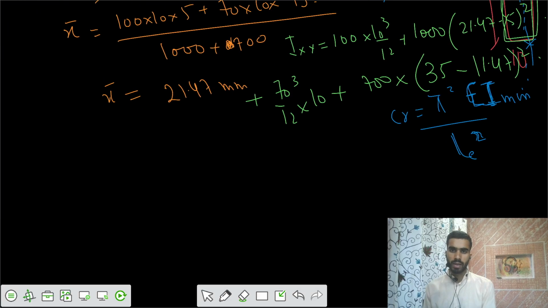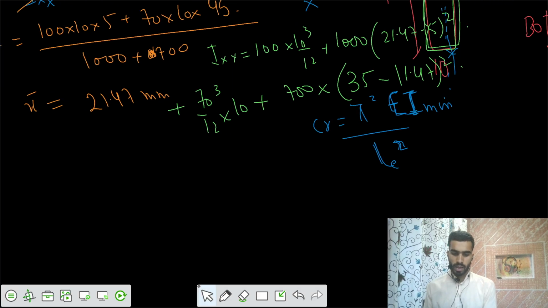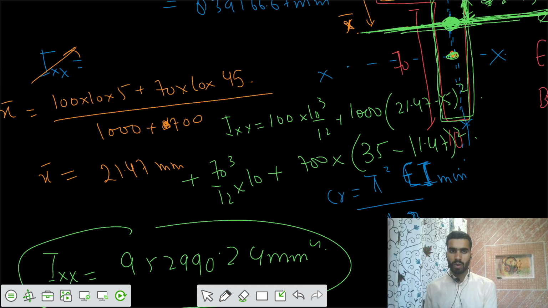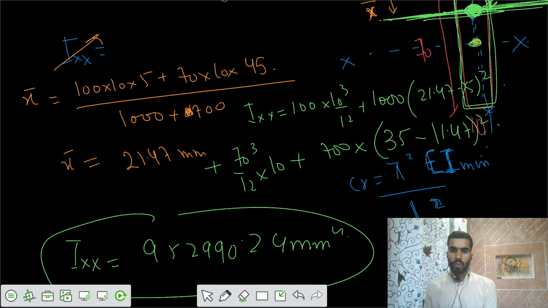So you can have that value of d also, and calculate those values. So your Ixx comes out to be equal to 952990.2 millimeter power 4.